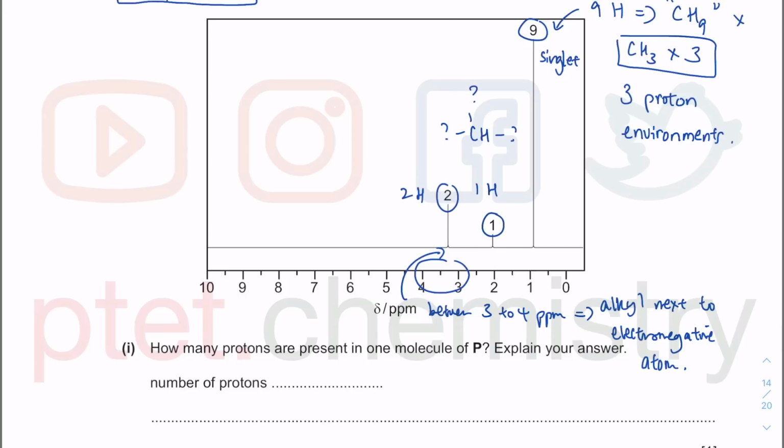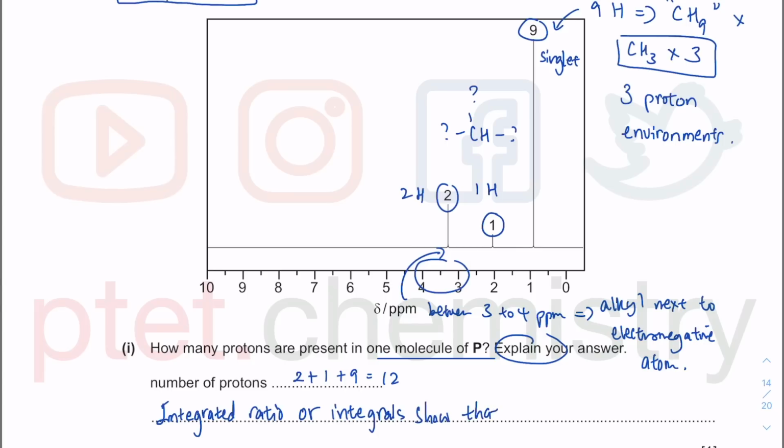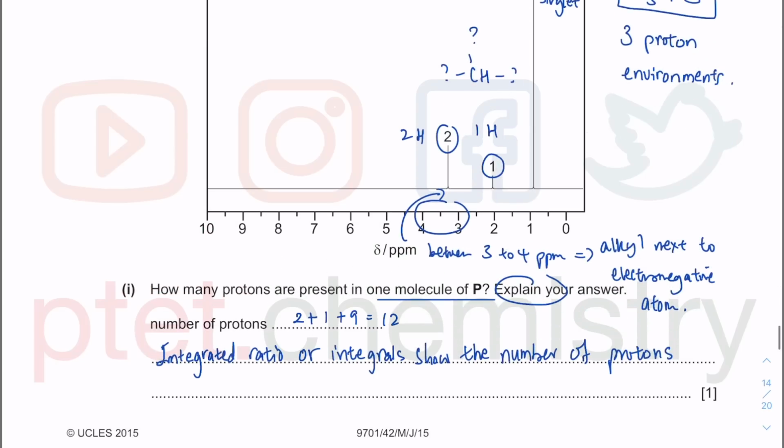Anyway, so how many protons are present in one molecule of P? You get 2 plus 1 plus 9, so 9, 10, 12. There are 12 protons. Explain your answer. The integral ratio, or integrated ratio, or you can call it integrals, show the number of protons in each respective environment, and we are just basically interpreting what the integrated ratio means.